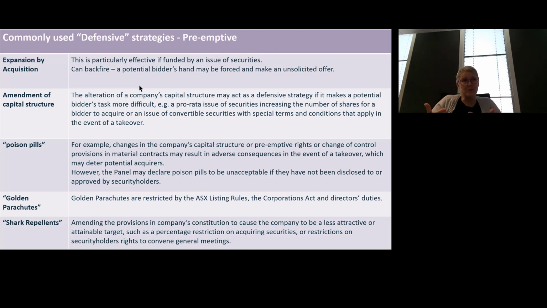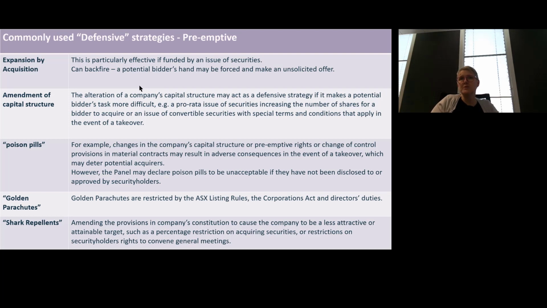Even though they don't necessarily do it, that's a defensive strategy, right? Because the shareholding itself is so locked up into a small number of affiliated, if not associated entities.